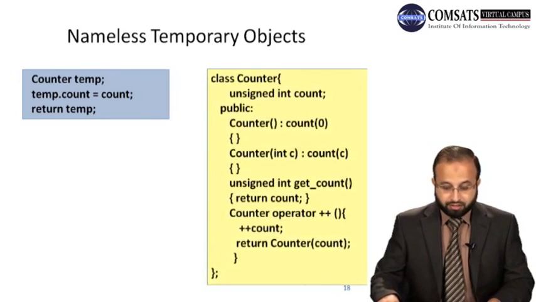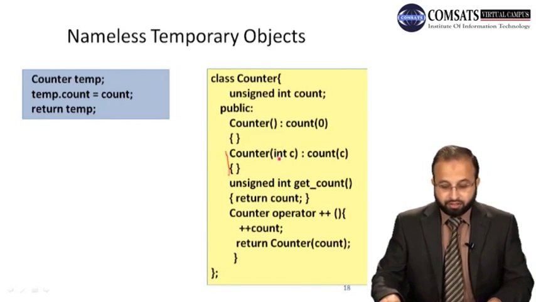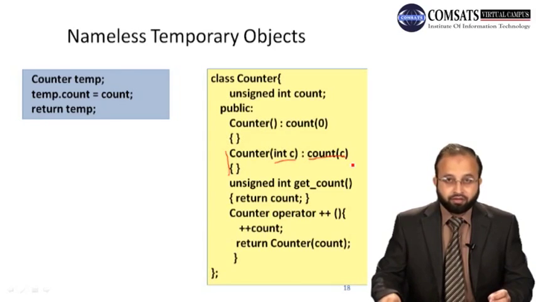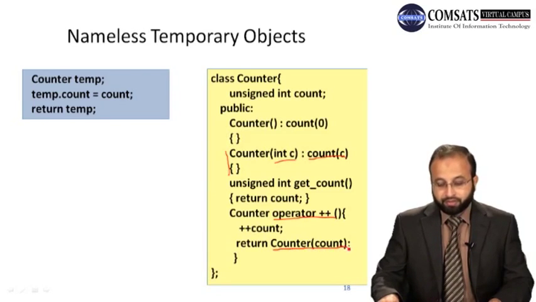So consider this class. In this class we have included another constructor, that is a constructor with one argument. We pass some value to this constructor and it assigns that value to the private data member of this newly created object. Now in the operator plus plus function, the change we make is that we invoke that constructor, right?